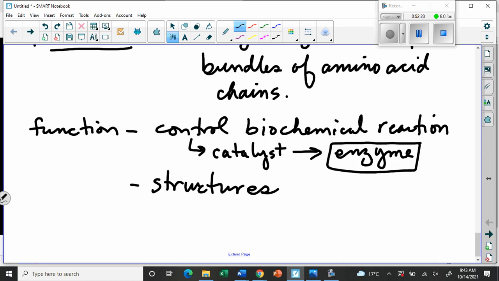They also form messenger molecules that can be used by biological organisms to send messages throughout their body. So things like hormones, right, which control how your body functions, and they send messages from one place to another.